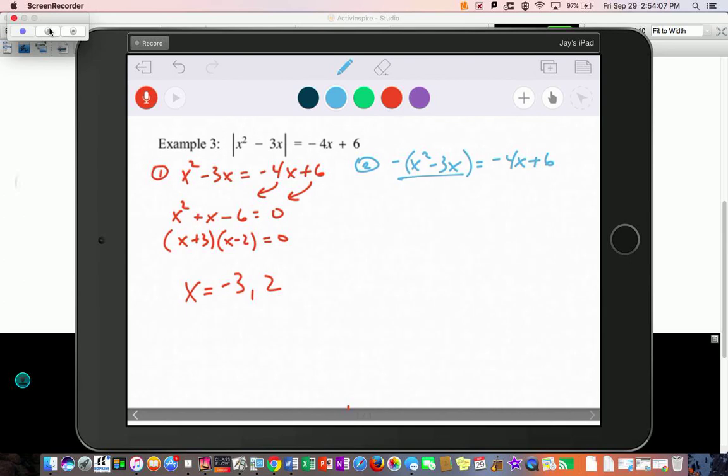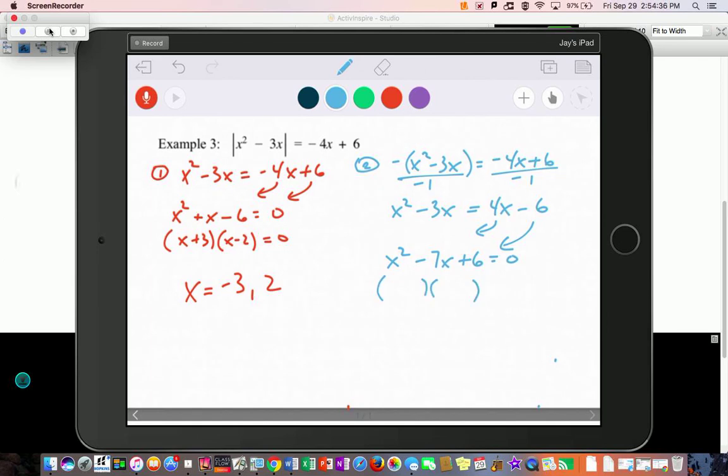On this side, I would divide by -1, and I have x squared minus 3x. Like you saw in the previous problem, you can distribute the negative if you want. I just don't want to make my x squared negative. So now it's positive 4x and a -6, and I have to bring those over. So it's x squared minus 7x plus 6 is equal to 0.